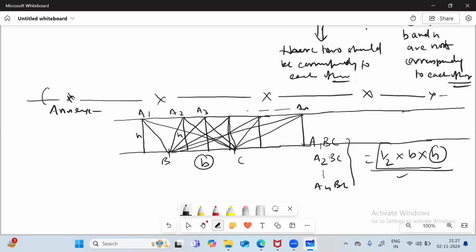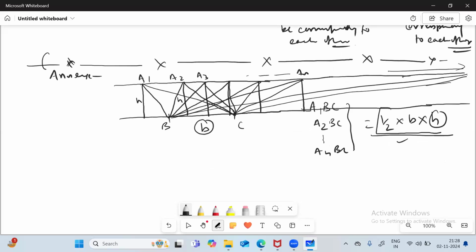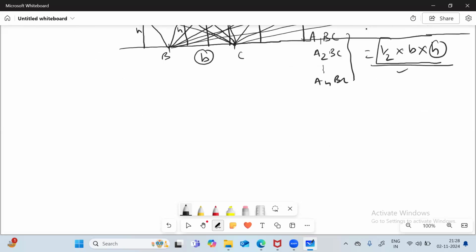Let's go 1,000 kilometers far away from this, and still you will get a triangle whose area will be the same as this particular triangle. Okay, so this was one annex of the previous theory that we have learned.